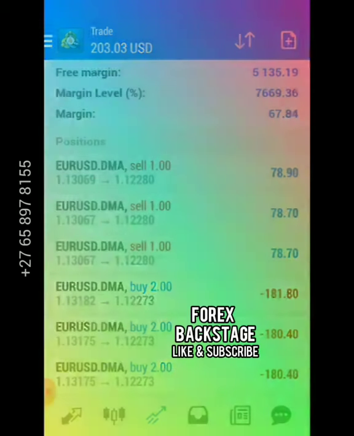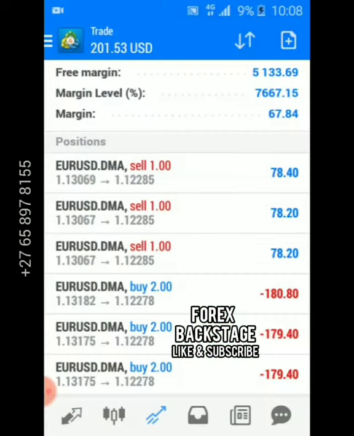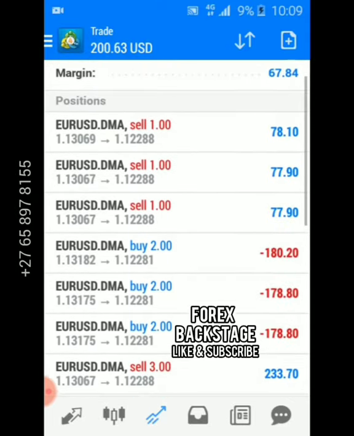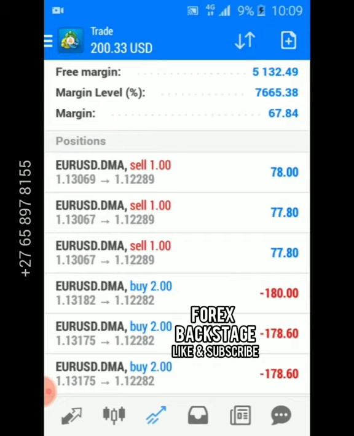Then therefore, what did I do when the market activated these protective trades and still did not continue in that direction? The moment it activated 2.00, I go back and set the pending order of 3.00, 3 trades. Where do I set this 3.00? I set it at the point where I have taken my first trades.